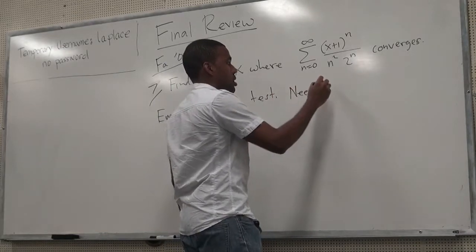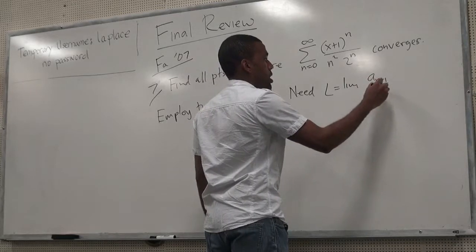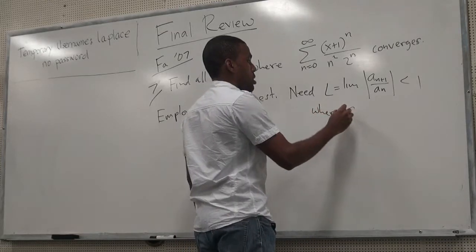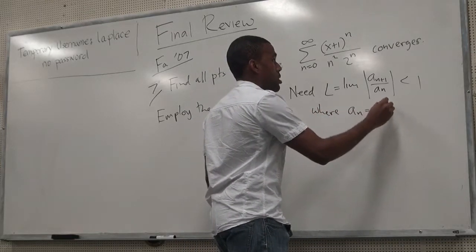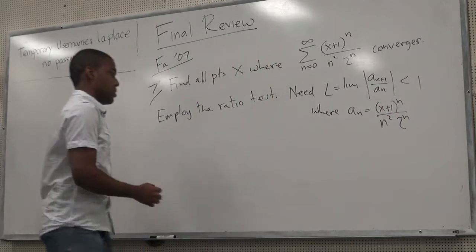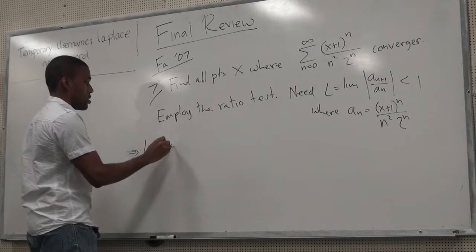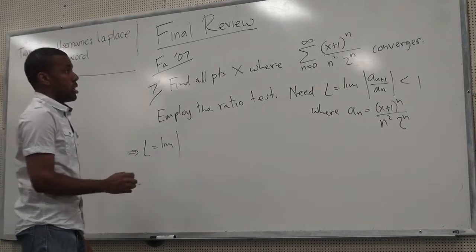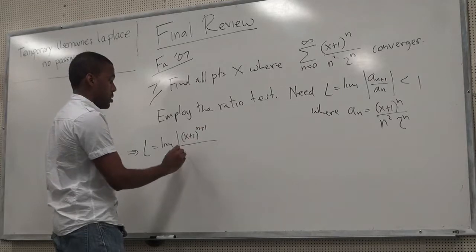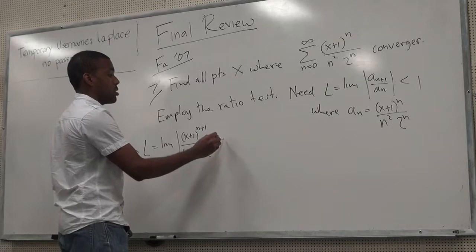We need L equals the limit of a(n+1) over a(n) to be less than 1, where a(n) will be defined to be that guy. a(n+1) is (x+1)^(n+1) over (n+1) squared times 2^(n+1).